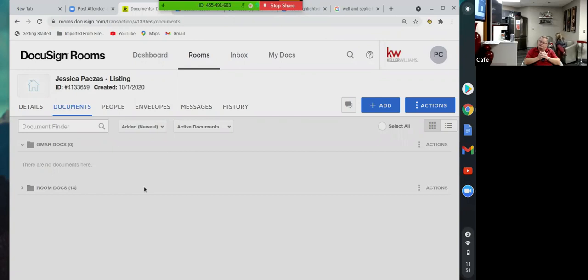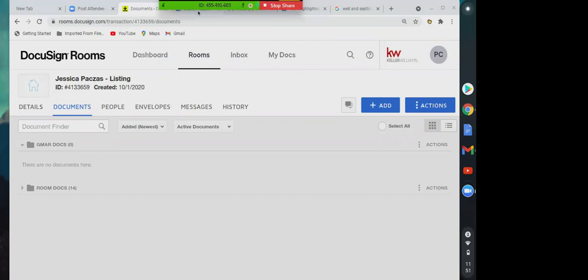This is what happened. We only have access to the GMAR documents and DocuSign if we're a GMAR member. That is correct, and that's one of the reasons I don't want you guys in. Hey, Pete, you can access GMAR's docs from RealComp, except the old one you're looking for isn't on there.